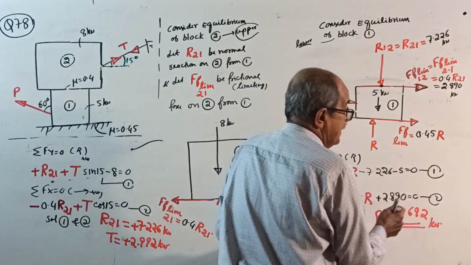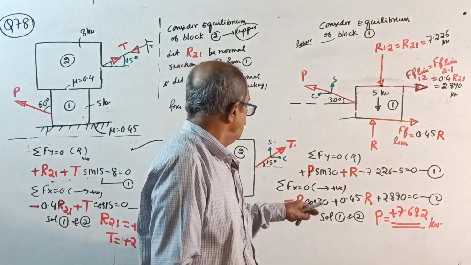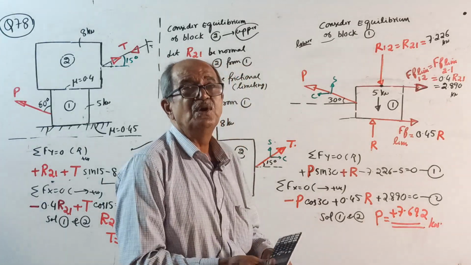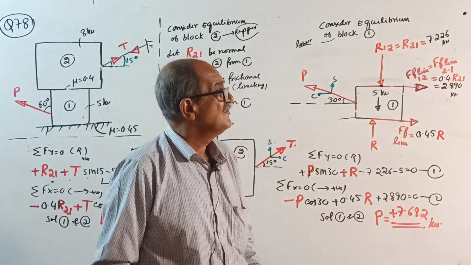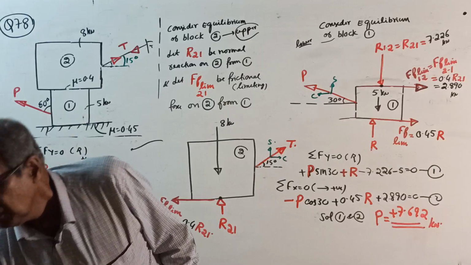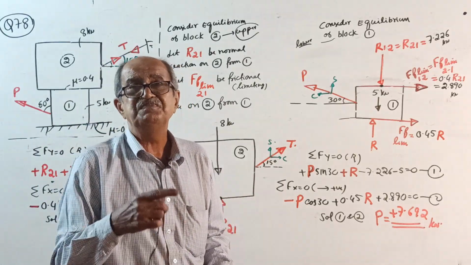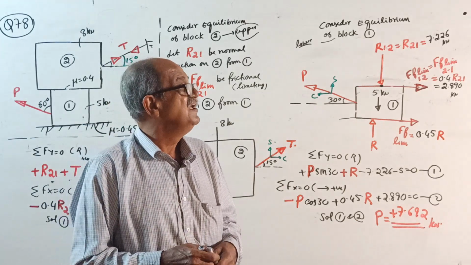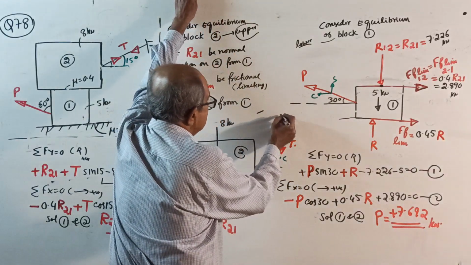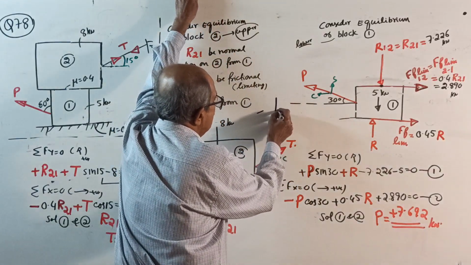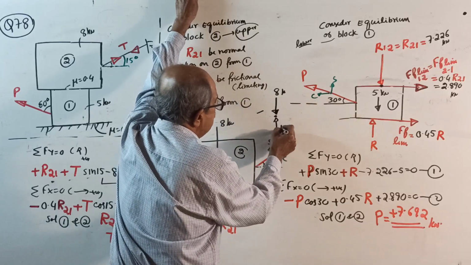7.692 kilonewton, plus 7.692 kilonewton. See, whenever I solve an equation, I get an unknown using sign convention. You observe, I always put sign. Sometime in the class, I will tell, see, for example, there is a downward force of 8 kilonewton and an upward force of P unknown.